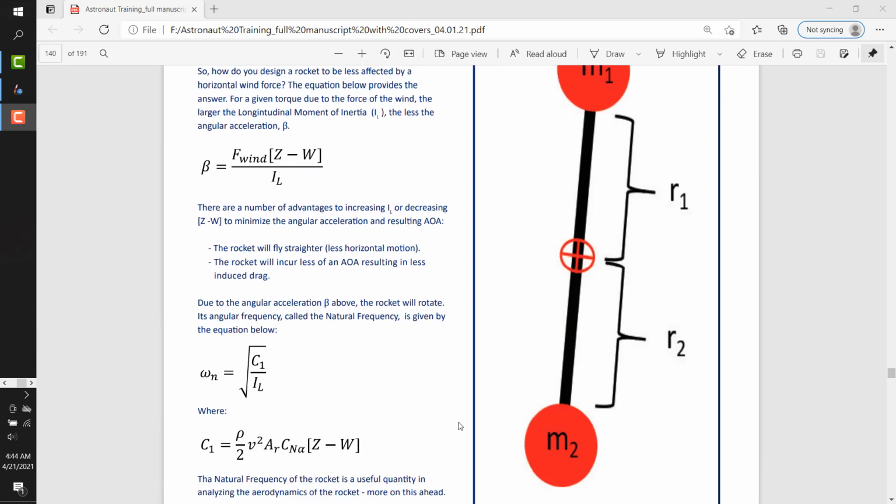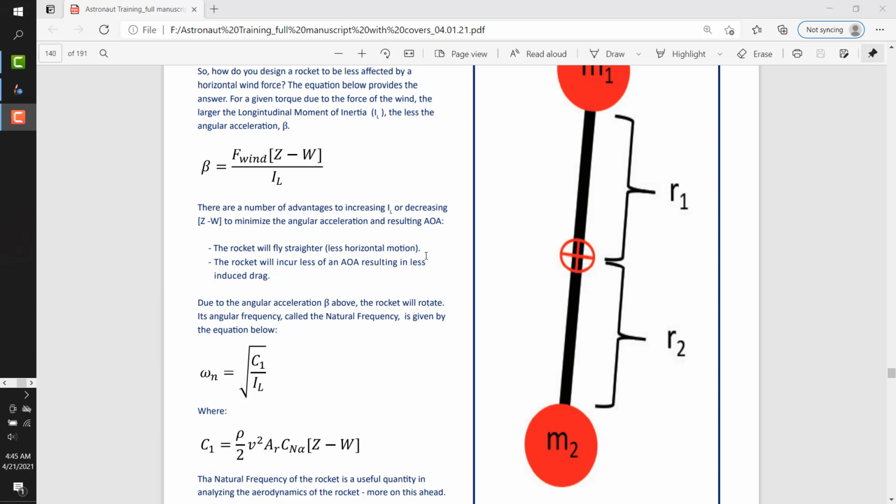So how do you design a rocket to be less affected by a horizontal wind force? This equation, which we derived on the previous page, provides the answer. For a given torque due to the force of the wind, the larger the longitudinal moment of inertia is, the less the angular acceleration will be.